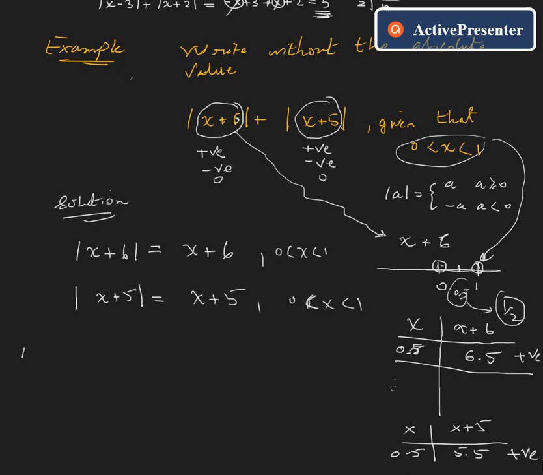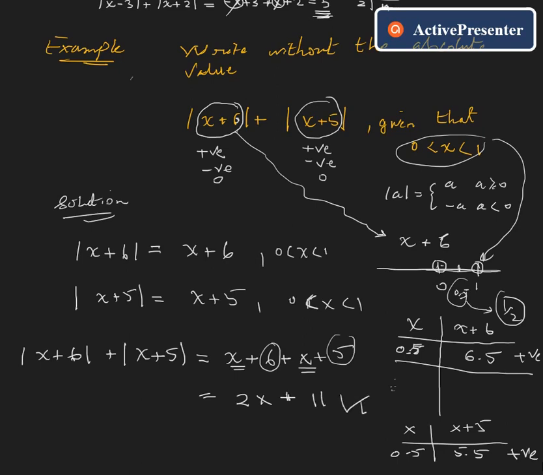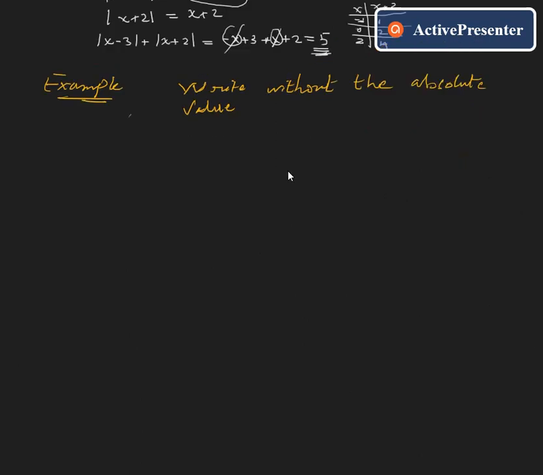So the absolute value of x plus 6 plus the absolute value of x plus 5 equals x plus 6 plus x plus 5. Adding x together gives 2x. Then adding the constants together gives 11. As simple as that.